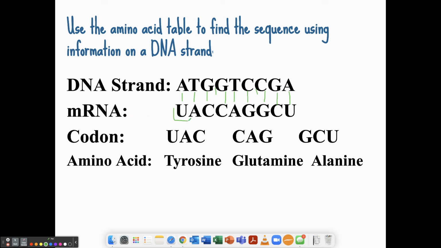Then I separate them out every 3 letters: UAC, CAG, GCU. We're going to go back to our codon chart. UAC is tyrosine, CAG is glutamine, and GCU is alanine.